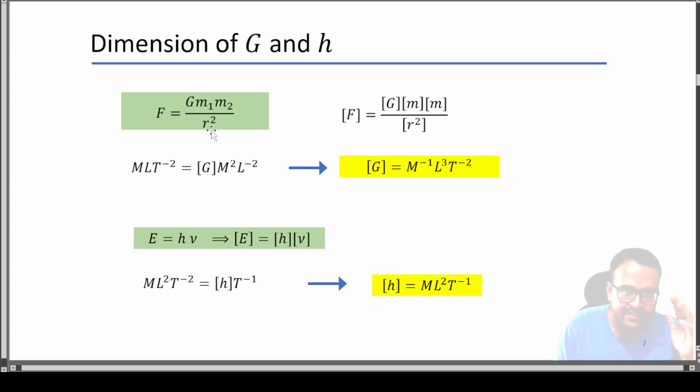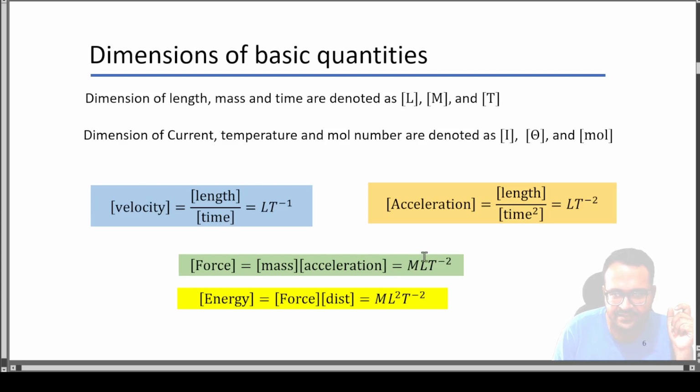So the Newton's law of gravitation is F equals G m1 m2 by r square. So the dimension of force on the left hand side should be equal to the dimension of G, dimension of m square by dimension of r square. The dimension of F is, as we already have seen, MLT minus 2.